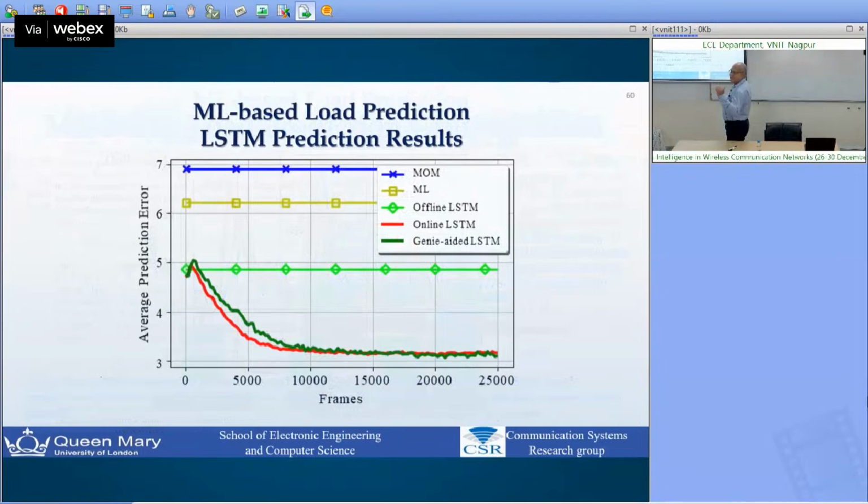So it is a perfect predictor. We need a predictor, and only then can we have access control. If you use the LSTM network motivated by Google Translator, we can predict the load accurately. Here the green one is the ideal one.